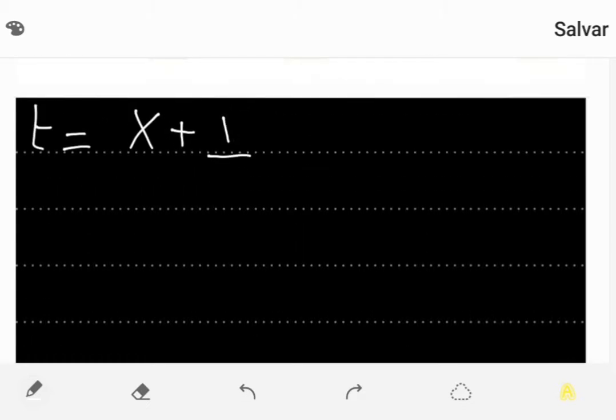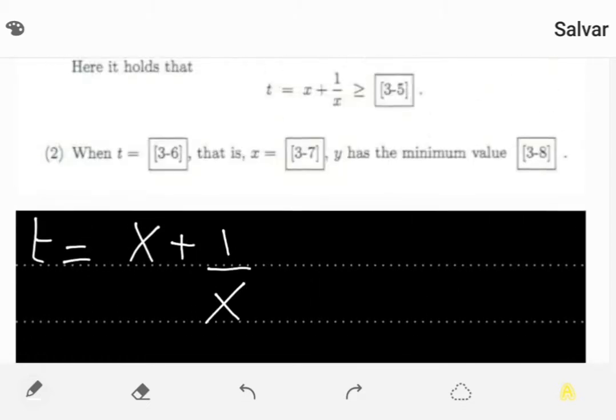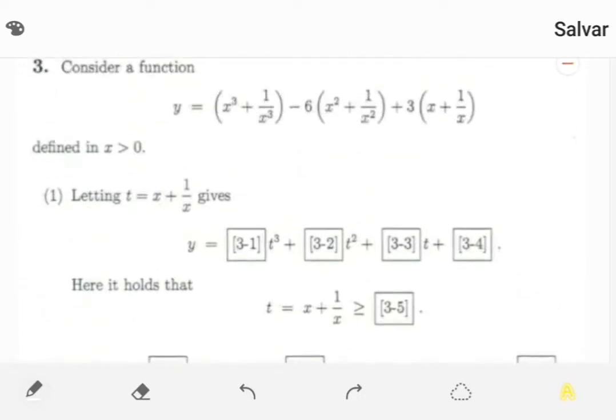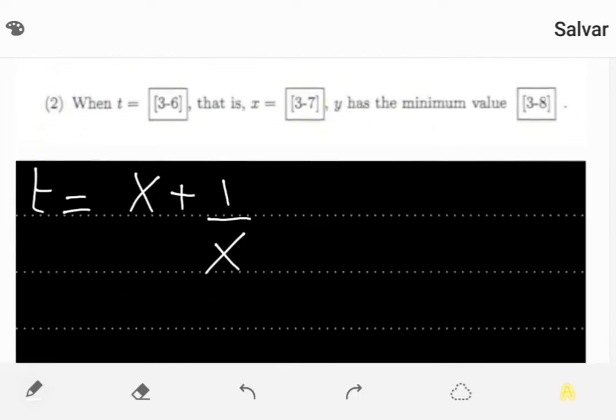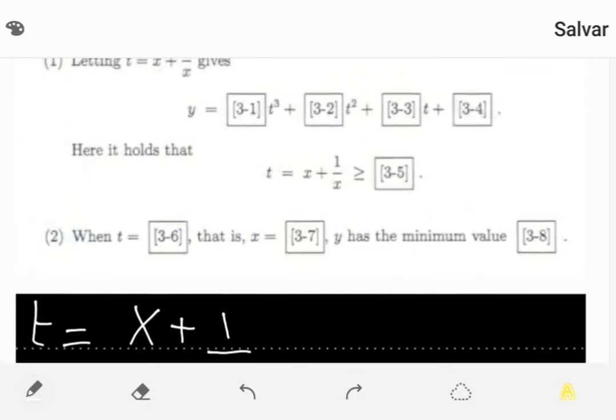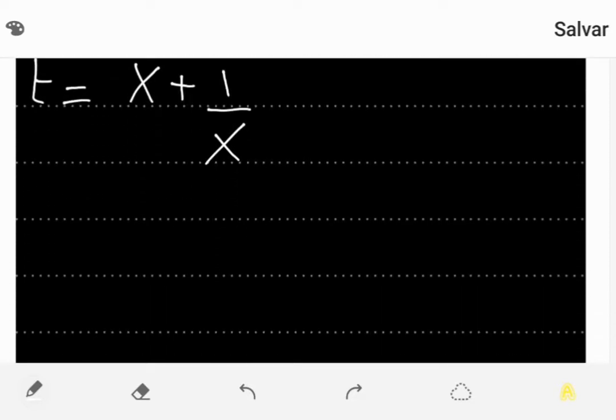So let's start solving. Look, this is our t, and we need to write our function in terms of t. Look, the first thing we have is t cubed and t squared. So what am I going to do? To do this, look, x plus 1 divided by x.